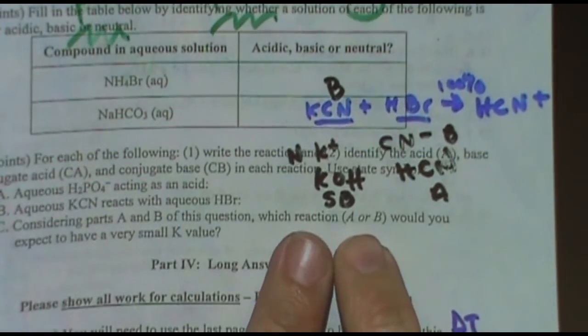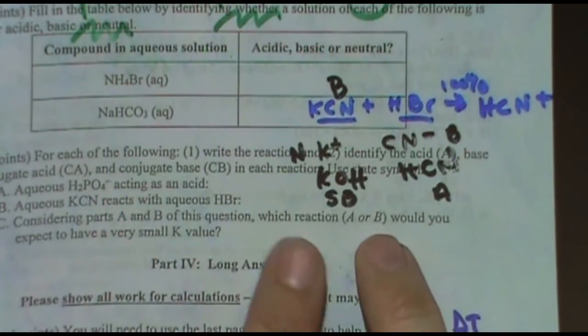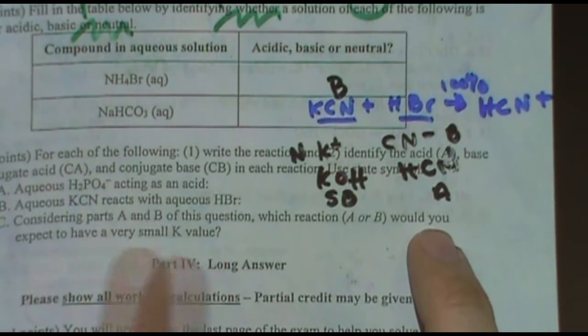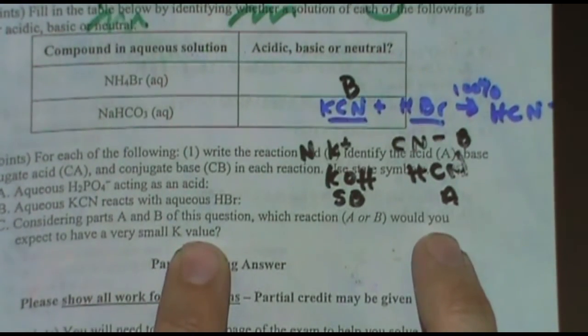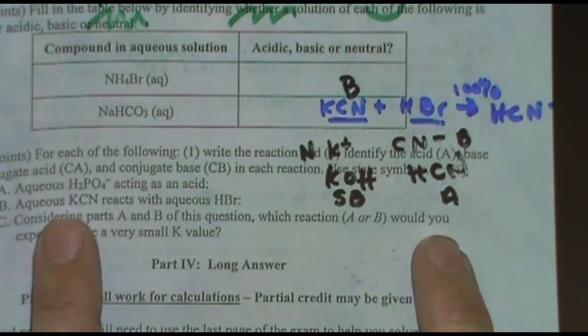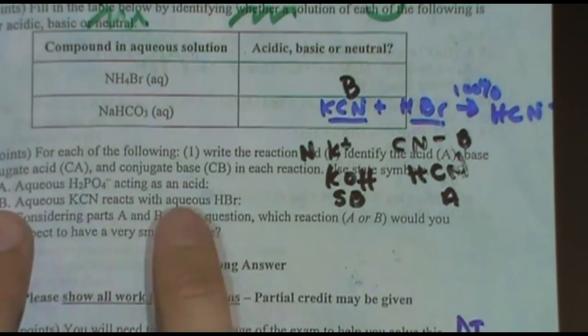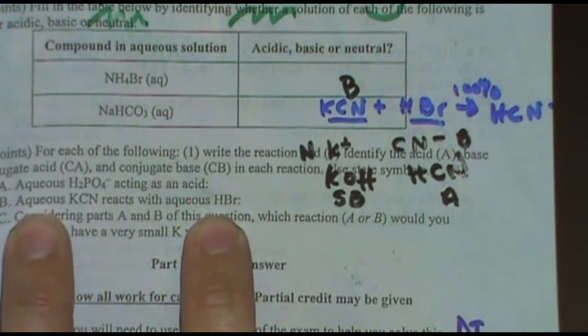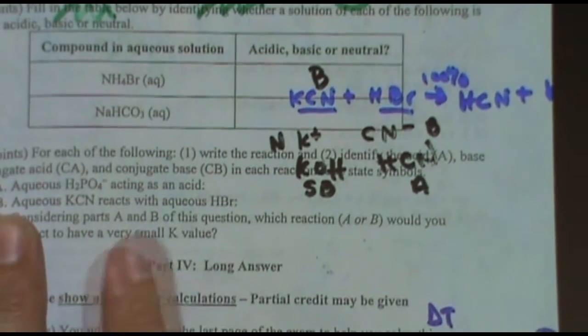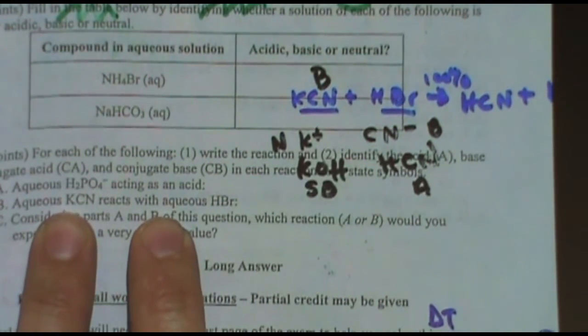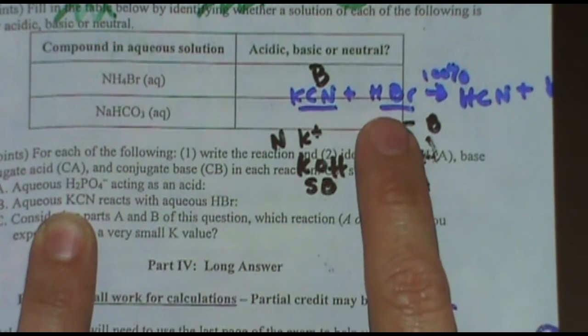which reaction, acid or base? Oh, part A or B. Would you expect to have a very small K? Oh, cool, I like this. Okay, what do you think? I'll poll the audience. Let's do B first. Large or small K, anybody? For B. Large because? You got a base, strong base.